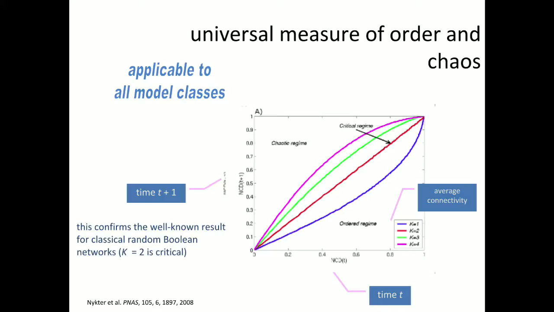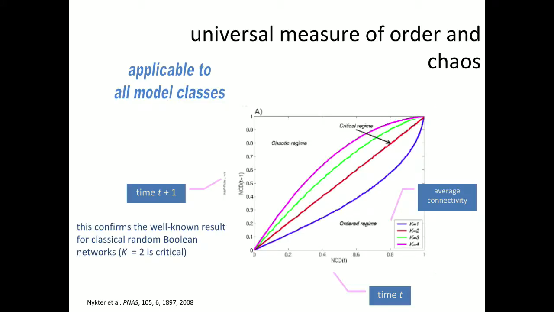So this is the so-called Derrida curve. What this does is it measures the distance between two states at time t on the x-axis and the distance between the successor states at time t+1 on the y-axis. Okay? So if all of your points essentially fall on the diagonal, that means that you are neither converging nor diverging.